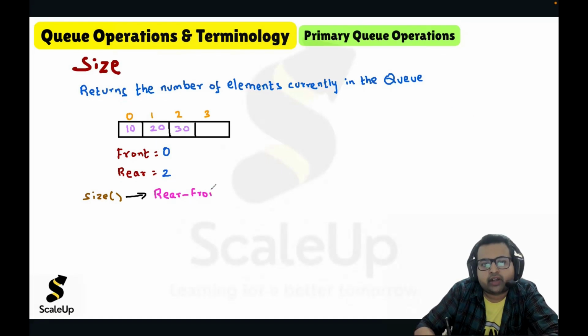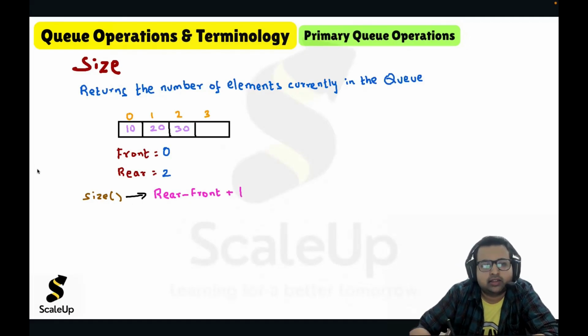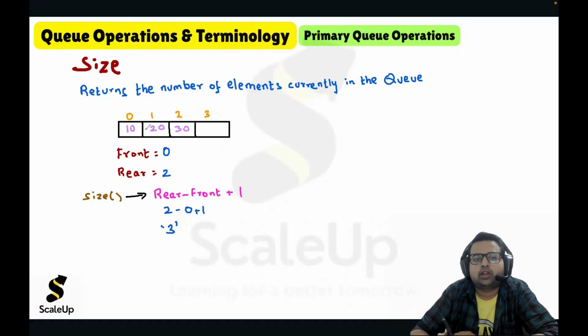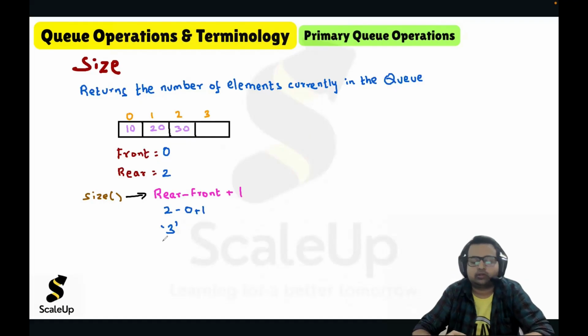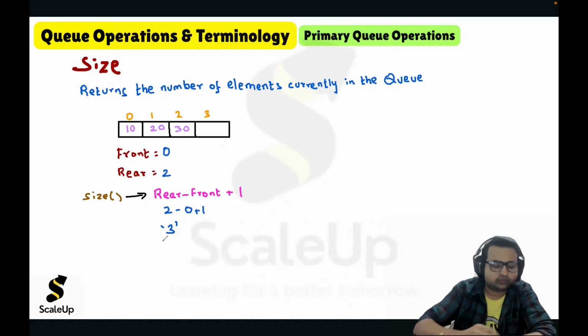Rear minus front plus 1. So if we use this formula, rear is 2, minus 0, plus 1, so it will return 3, which is the correct answer because the queue contains 3 elements. So this is the size operation. The size operation of the queue returns the number of elements currently in the queue, and the formula for that is rear minus front plus 1.